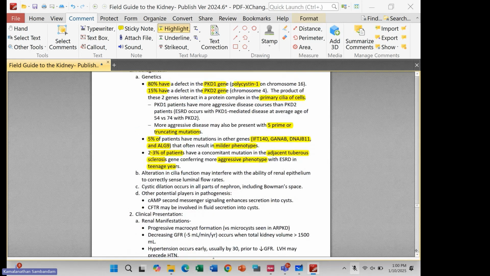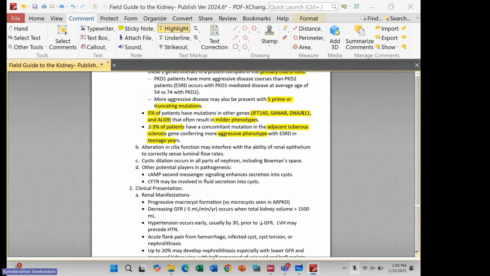Okay, just a little bit more about PKD1. Again, this mutation that results in altered ciliary biology seems to cause a dysregulation of epithelial transport.